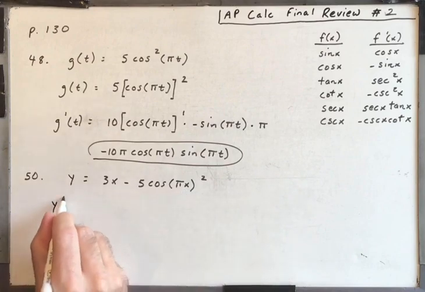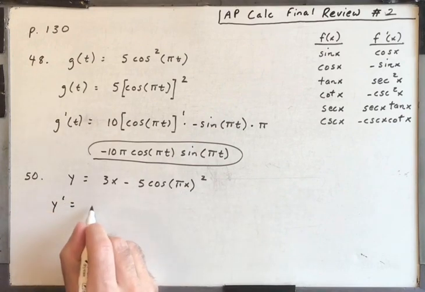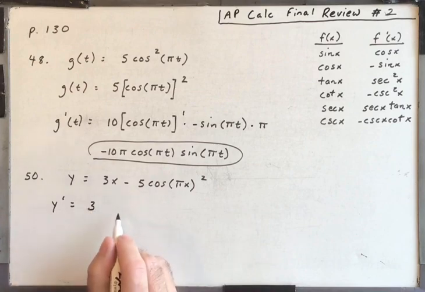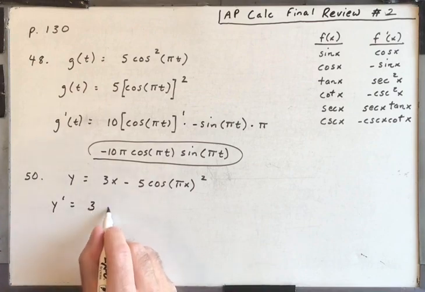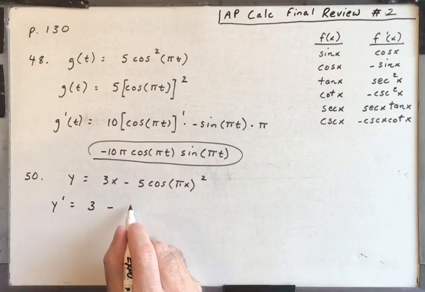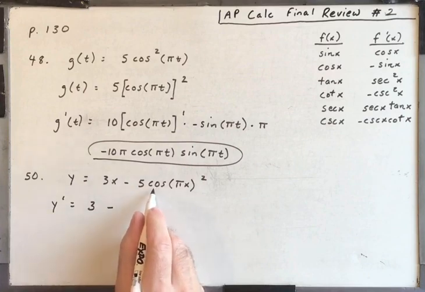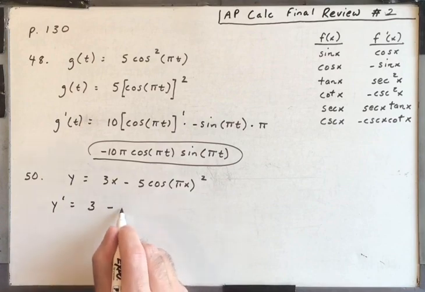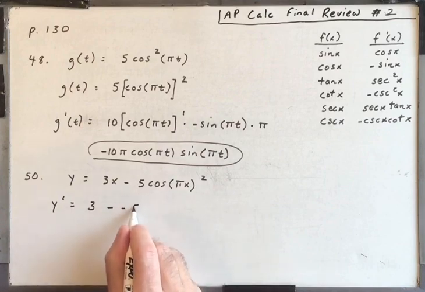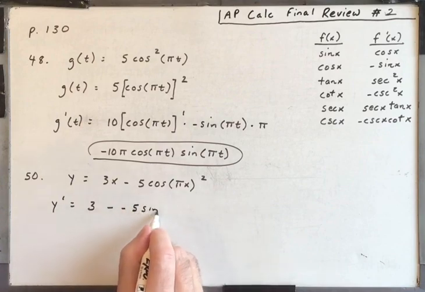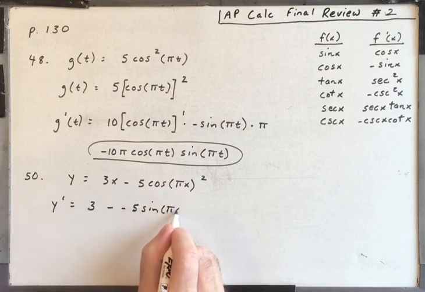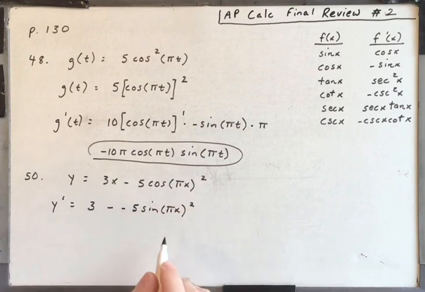So y prime is equal to the derivative of 3x, which is just 3, minus 5. The derivative of cosine is minus sine, right? So I'm going to go ahead and put the minus minus 5 sine pi x squared.